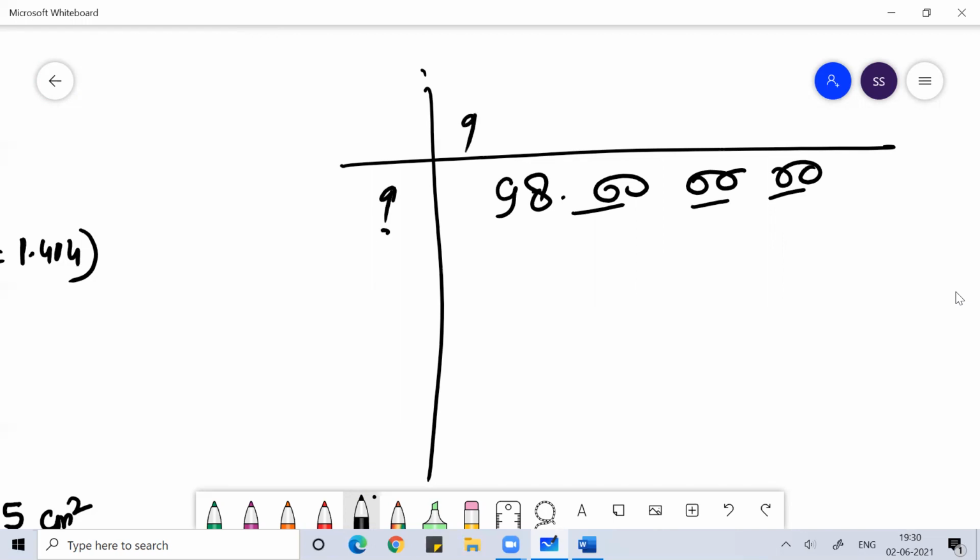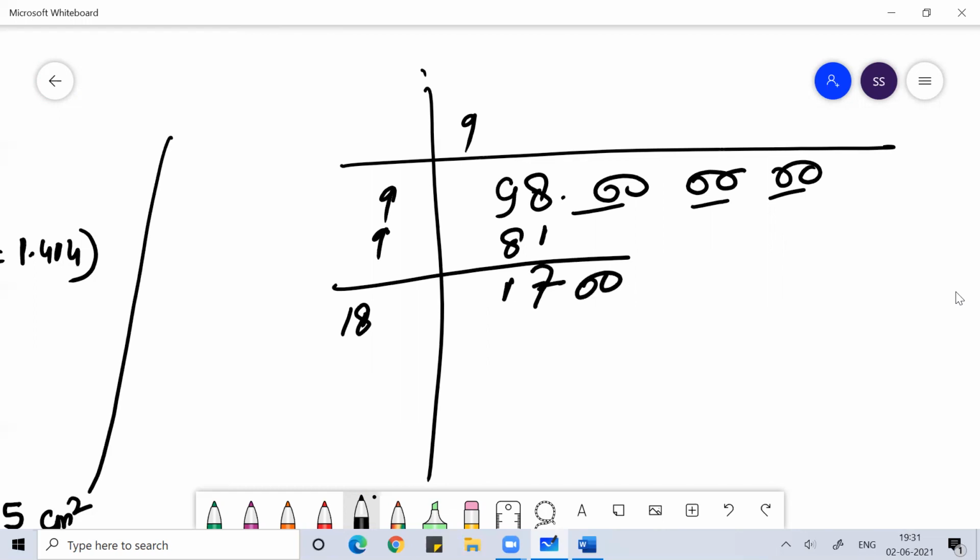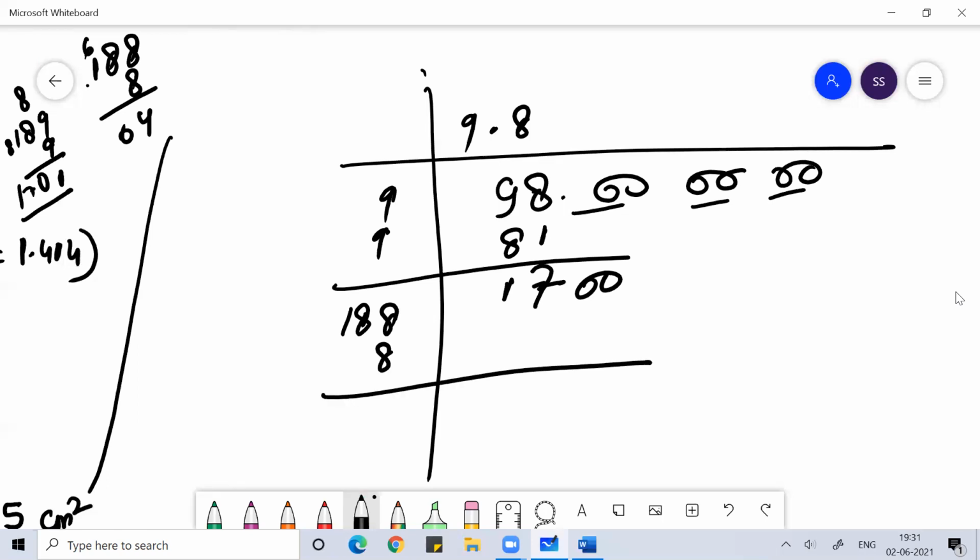9 nines are 81. We do the square root by the long division method. So we are getting a bigger number. 99 square is 9801, so 9.9 square would be 98.01.